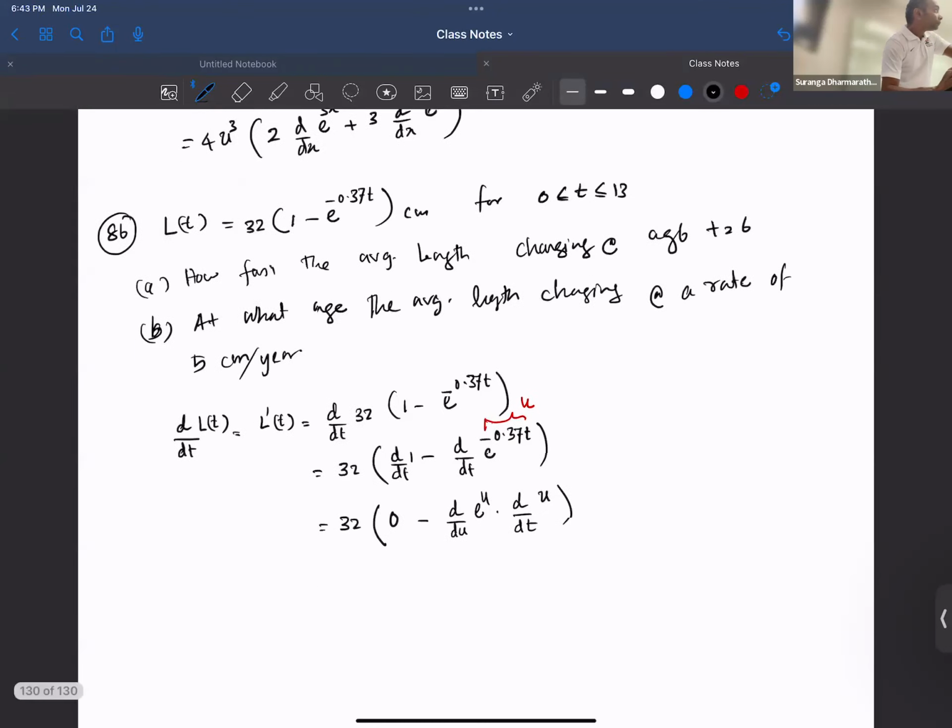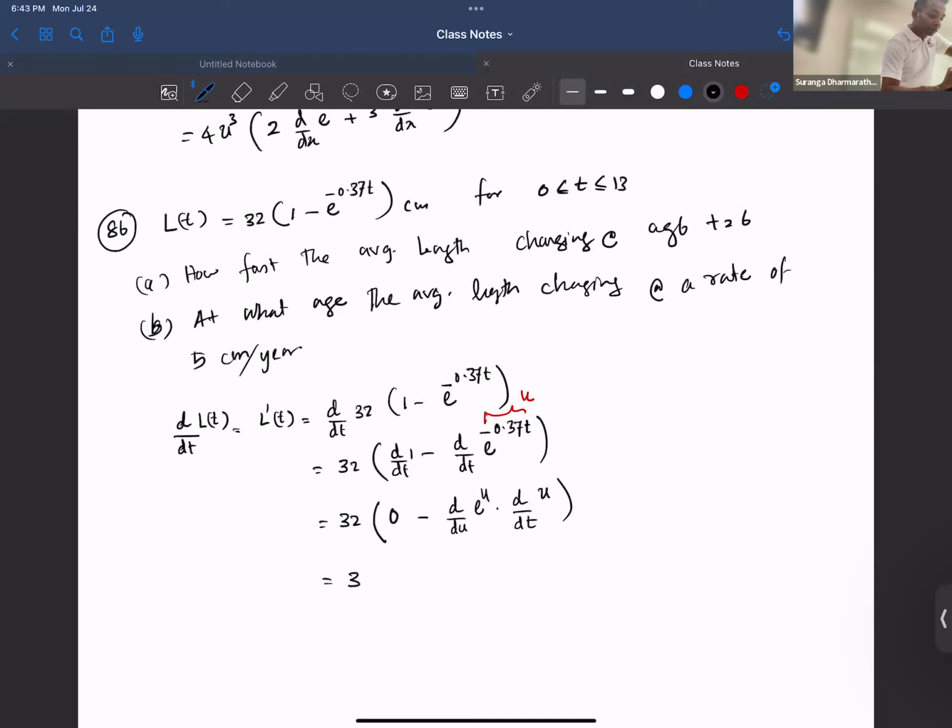Chain rule, right? You have 32, negative d over du of e to the u, which is e to the power u, and then d over dt of negative 0.37t.